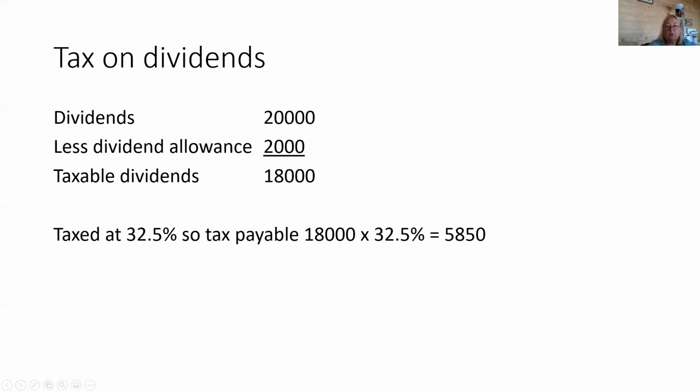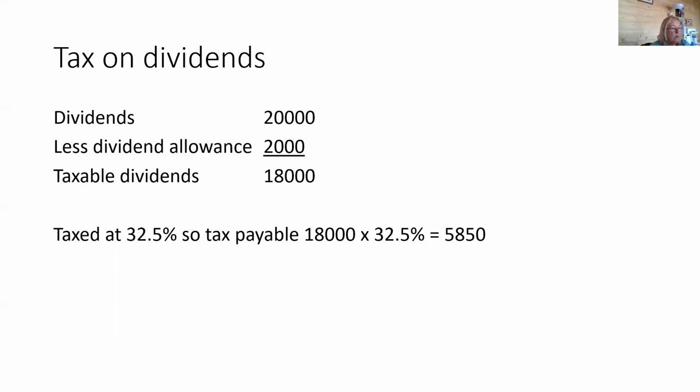And then we've got to work out the tax on the dividends. So the dividends are £20,000. Remember, everybody gets a dividend allowance of £2,000. So that means that the taxable dividend figure is 18,000. And we already know that there's no basic rate tax left because he's already used up his basic rate band when we did his non-savings, non-dividend income.